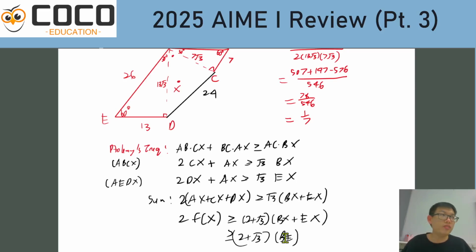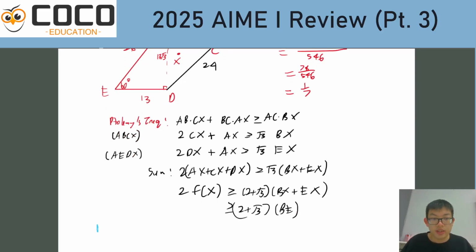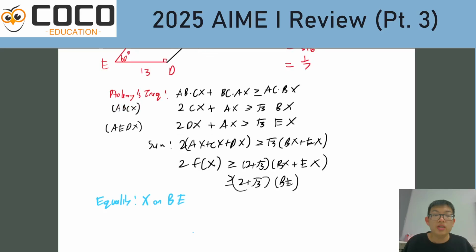But that requires a lot of things to happen at the same time. So it requires that for equality, one, X is on BE. Two, ABCX is either collinear or concyclic, and obviously they cannot be collinear.